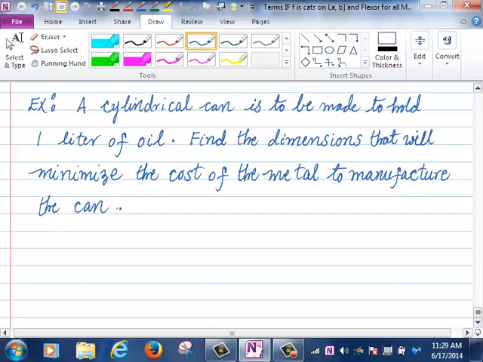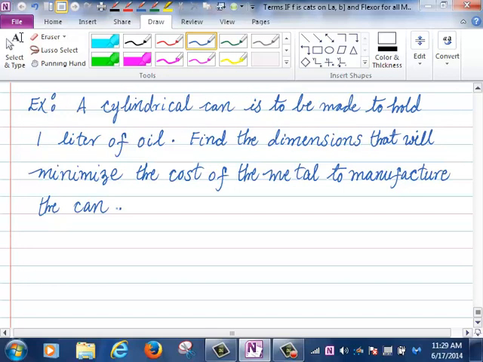If I want to minimize the cost of metal to produce the can, that would mean that I want to use as little metal as I can. So my metal will be used to make the surface of the can, right?